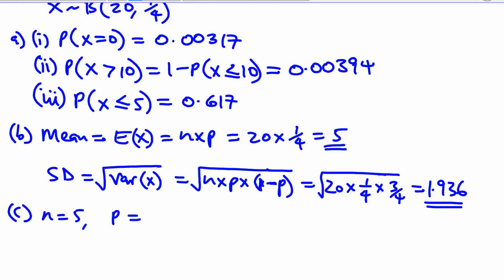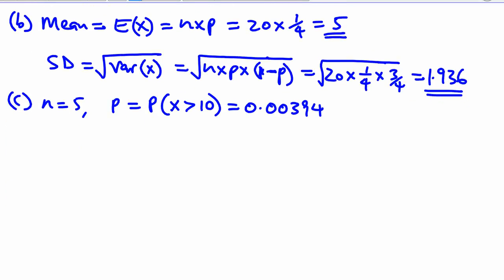We have already calculated that here, in number 2. We've calculated the probability of getting more than 10 answers correct. So the probability of success is the probability of getting more than 10 answers correct, which happens to be 0.00394.